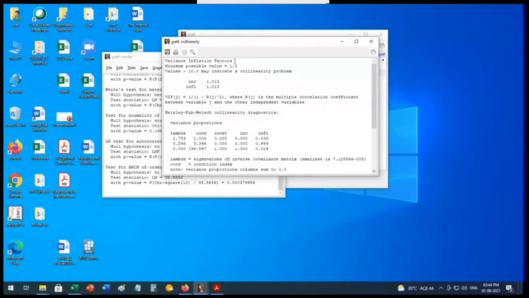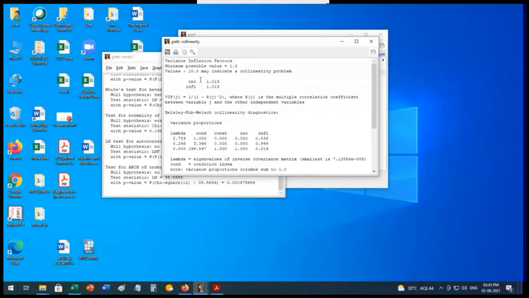And if you do not remember the properties of the VIF, then no problem. Gretl will help you with this. Gretl says the minimum possible value is 1 and values greater than 10 may indicate a collinearity problem. Here we have 2 variables, income and inflation.